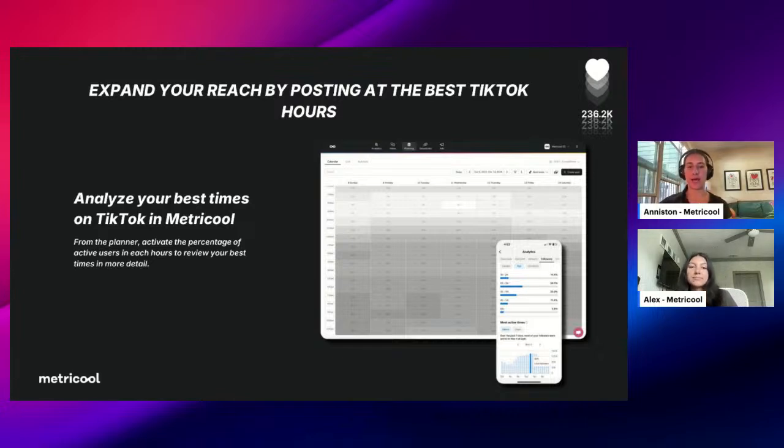In the platform, you can see that with these different shades, and you can toggle on an exact percentage to know which percentage of your followers are online.